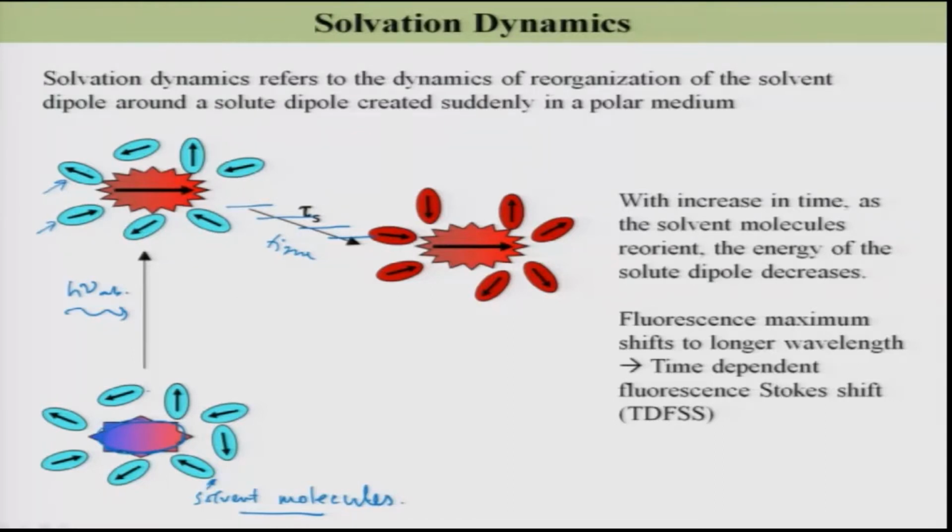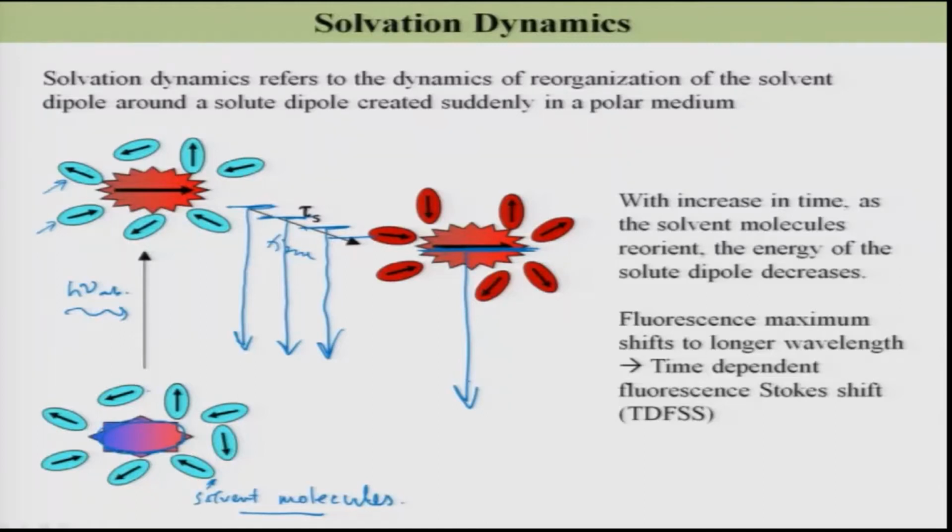When the solvation structure is such that the energy of the excited state dipole is over here, the emission will come from here. When the energy is like this, the emission will come from this state. When the energy is like that, the emission is like this, and when it is fully solvated, the emission will come from this final state.